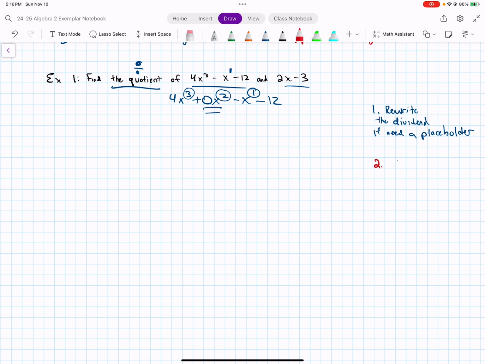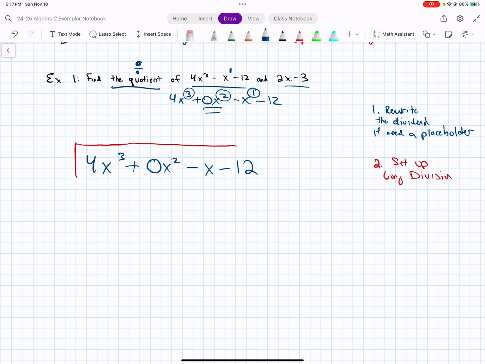My second step is to set up long division. And so this is where I have my bracket: 4x cubed plus 0x squared minus x minus 12, and my divisor, 2x minus 3.